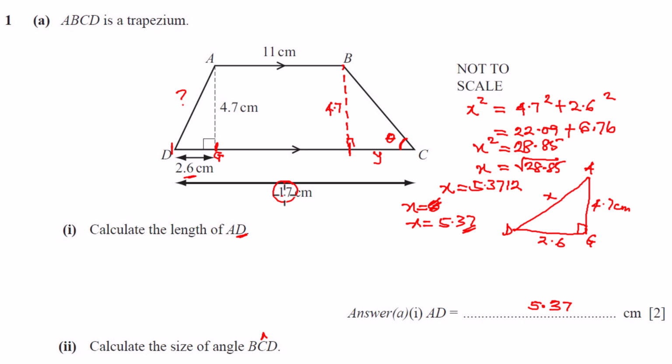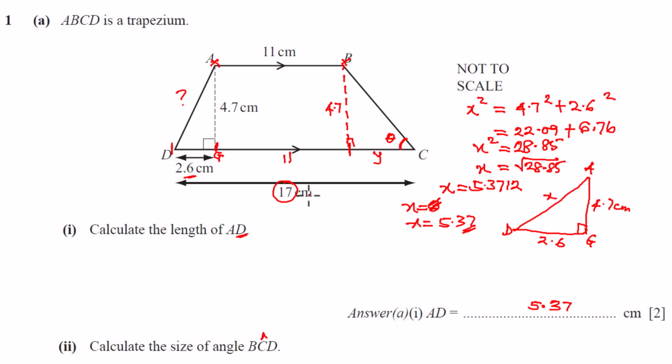Some of us already know what to do from this information. If the entire length is 17 and this place is 2.6, and this line is parallel to this line, we can deduce that if from here to here is 11, then here must be 11. So out of 17, we have already been given 2.6 and 11. That's 13.6.